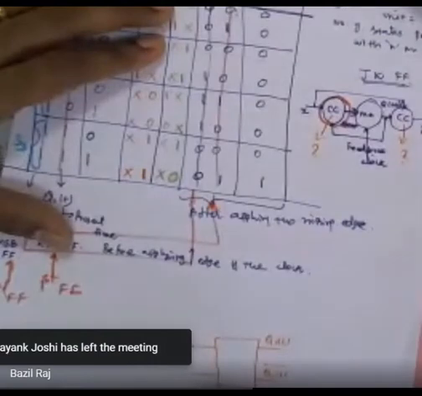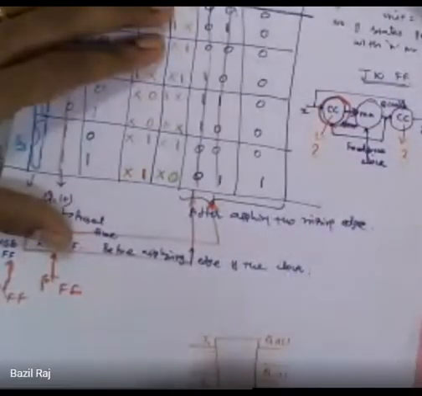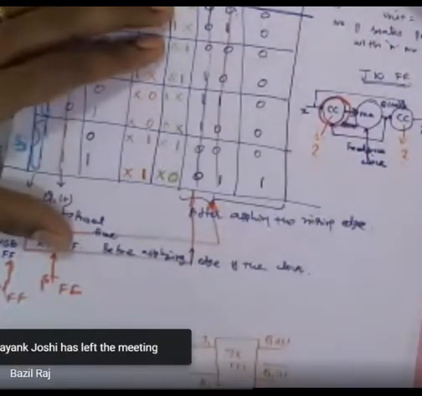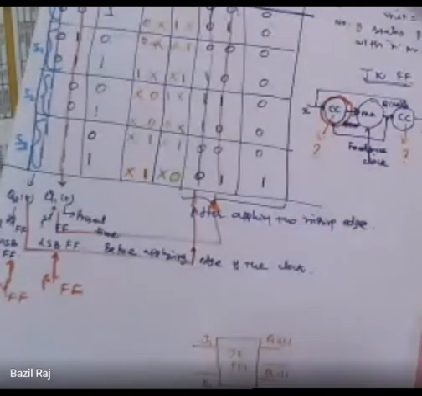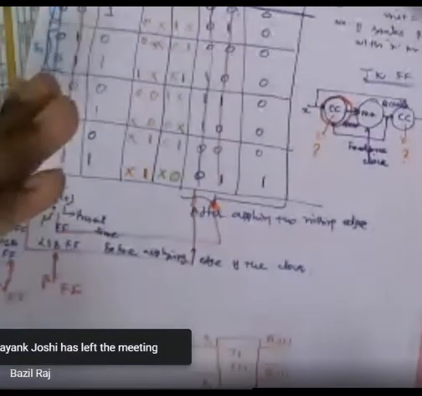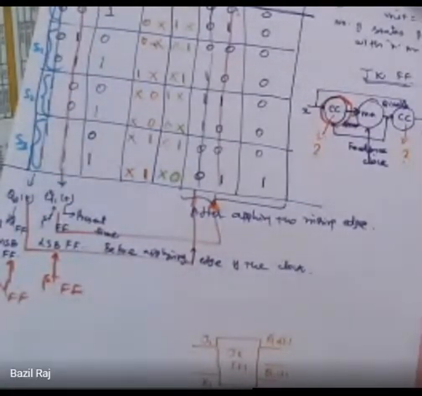This is JK flip-flop 1, JK flip-flop 2. This we know already, because we can confirm it just by seeing the number of flip-flops required. By seeing this state diagram, we needed only 2 flip-flops because there are only 4 states. So this we can draw now.